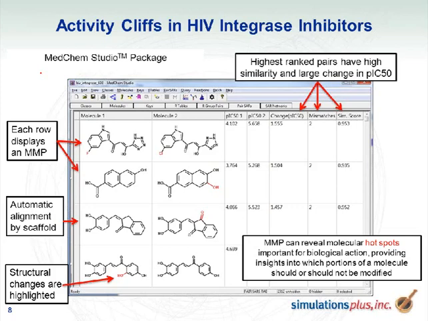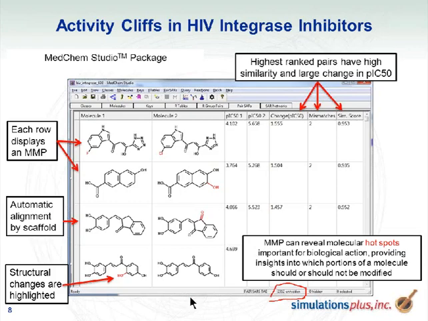Now I want to talk about activity cliffs in HIV integrase inhibitors. Matched molecular pairs can also allow you to identify activity cliffs in molecules. In this case, we've taken a set of HIV integrase inhibitors and generated pairs, and 2,312 pairs were identified.